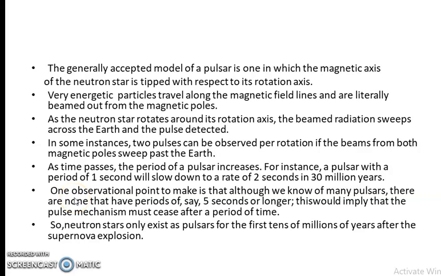The one point to note is that there are no pulsars having a period greater than 5 seconds. That means this pulsar mechanism will cease after a period of time. അപ്പോ ഇത്രയും മില്യൺ ഇയേഴ്സ് എടുത്തിട്ട് കൂടി, പക്ഷെ 5 സെക്കൻഡ്സിനേക്കാളൊന്നും കൂടുന്നില്ല. സമയമാകുമ്പോഴേക്കും pulsations will stop. ഇപ്പൊ ന്യൂട്രോൺ സ്റ്റാർസിന്റെ ലൈഫിലെ ഒരു സ്റ്റേജ് ആണ് പൾസാർസ് എന്നാണ് അസ്യൂം ചെയ്യുന്നത്.